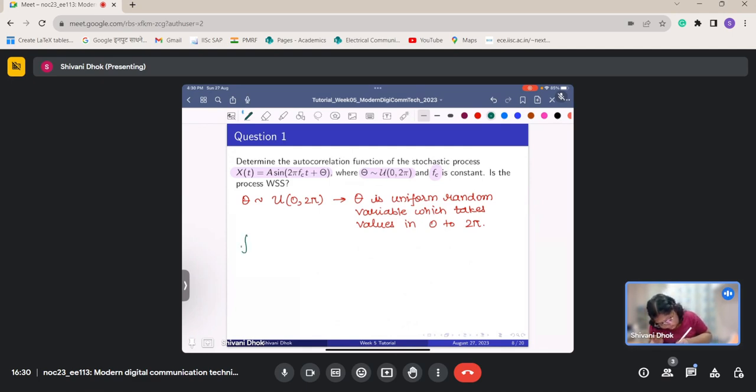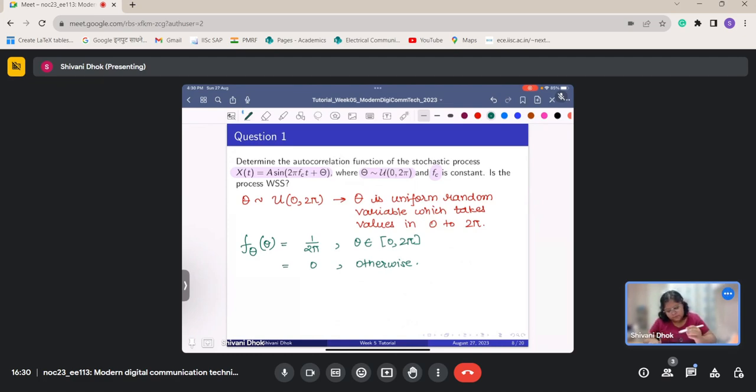So it has its own distribution, its own PDF and CDF. The PDF of this is given as 1 over 2 pi for theta belonging to 0 to 2 pi, and it is 0 otherwise.